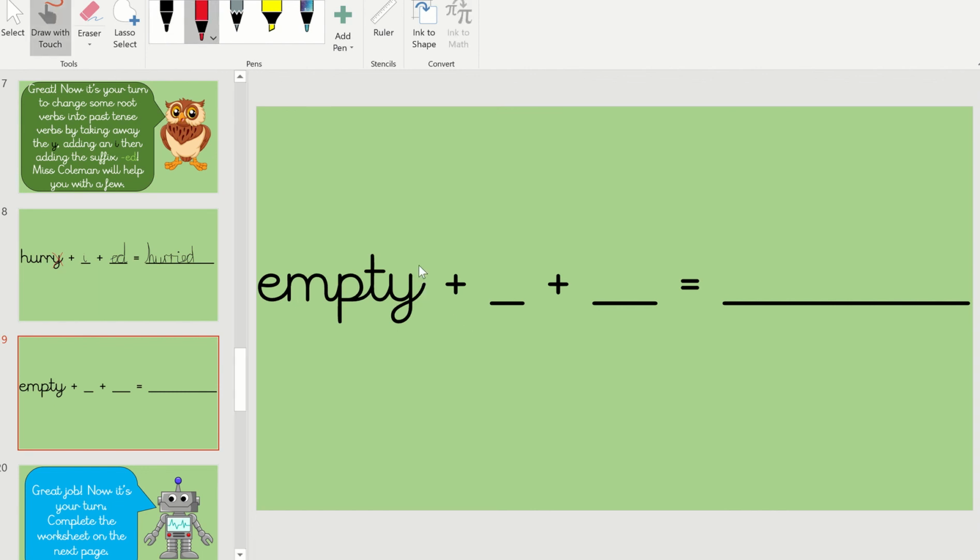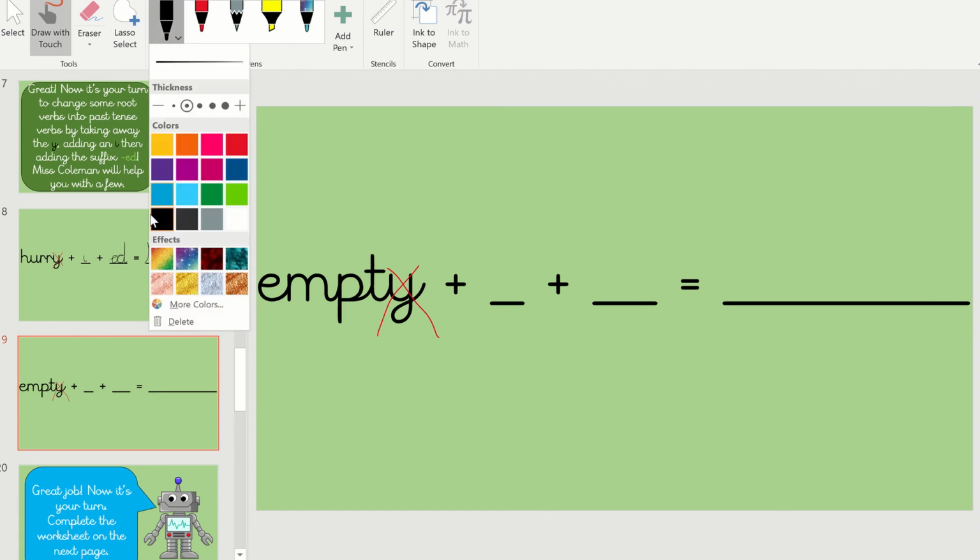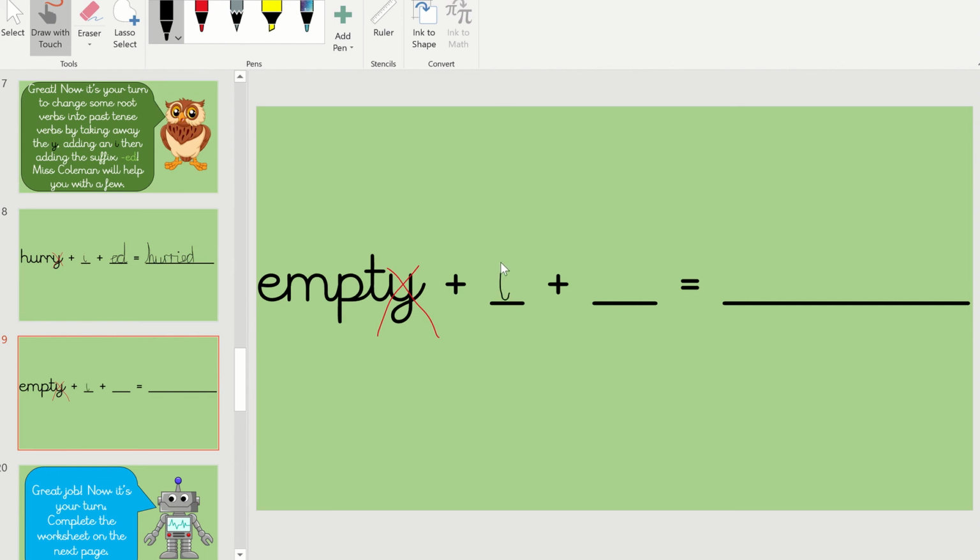So we've got to cross out the Y. We've got to add an I. Add the ed, a past tense suffix, and then we've got to write the word completely finished.